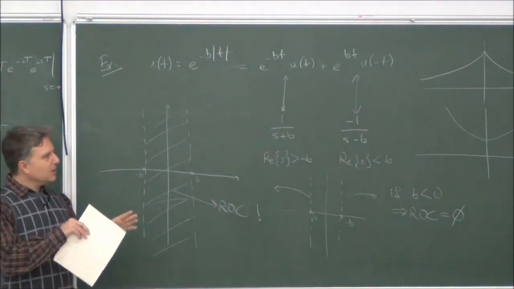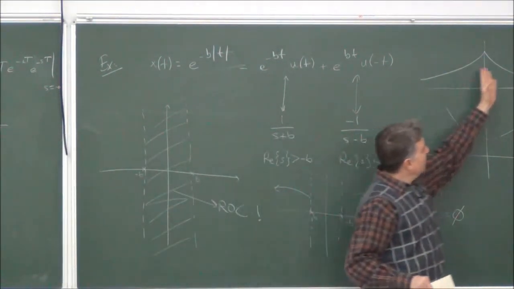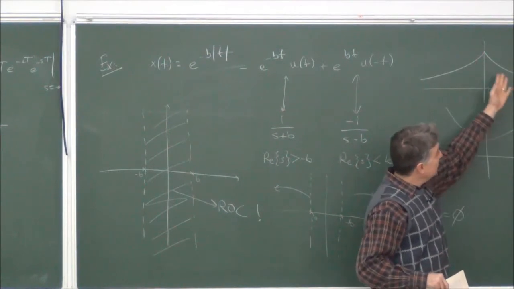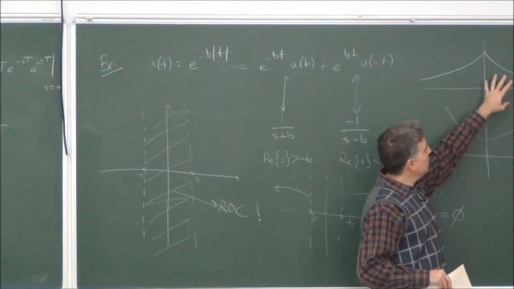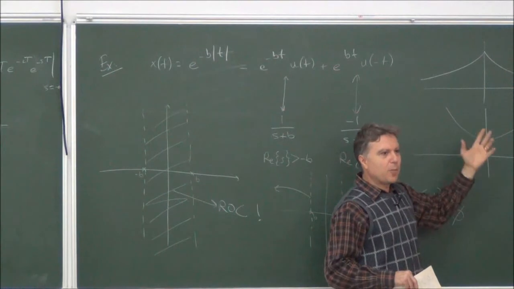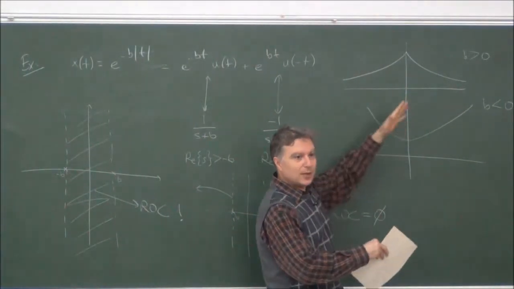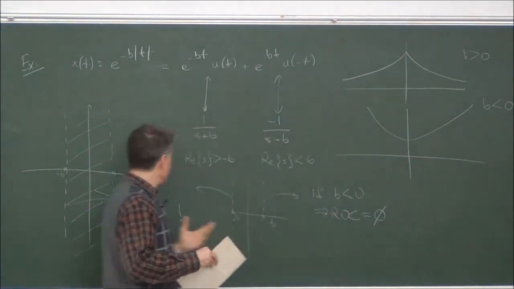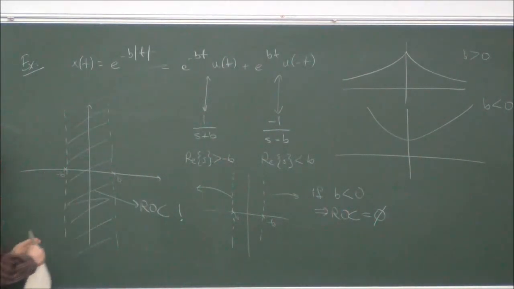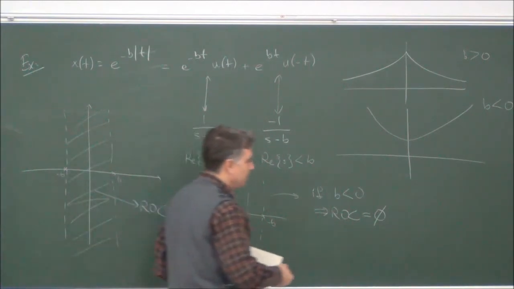Why? Because the right-hand sided decaying exponential will correspond to a pole and to the right of it, the other one will correspond to another pole, and to the left of it. Their intersection must be between two poles. So it will be a stripe, the region of convergence.